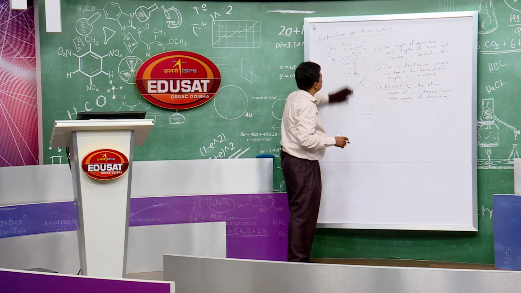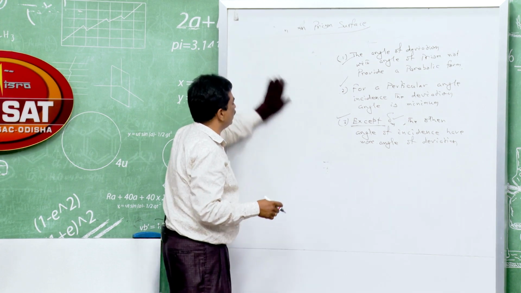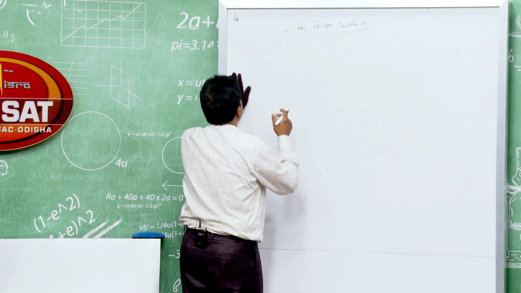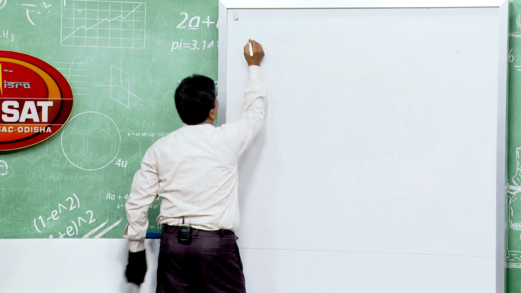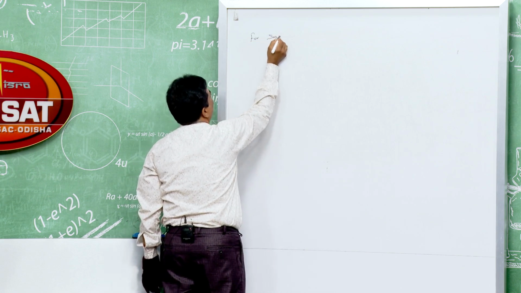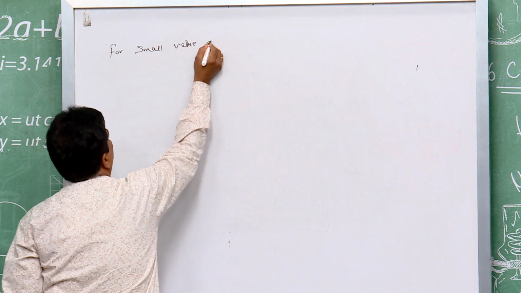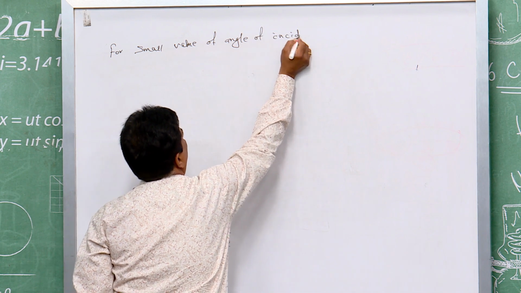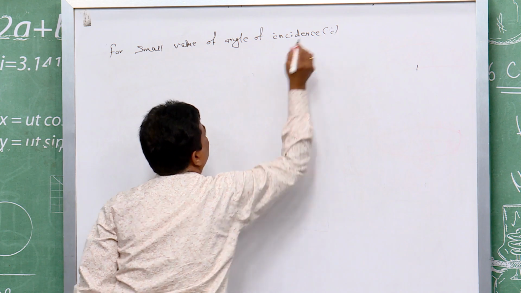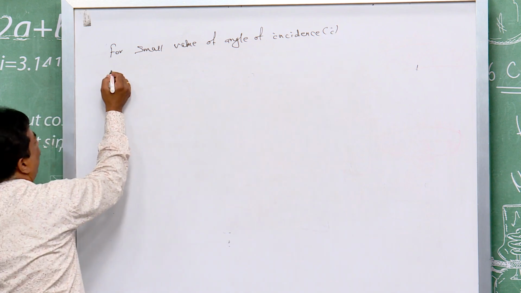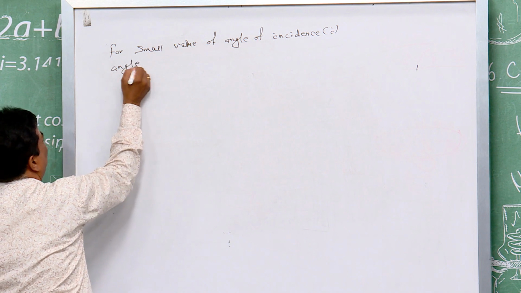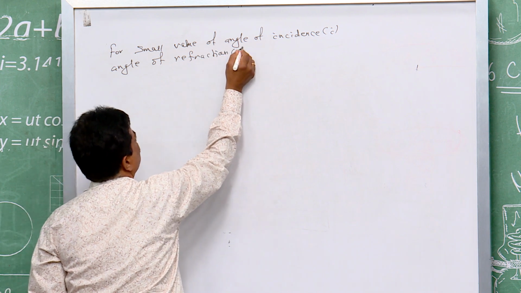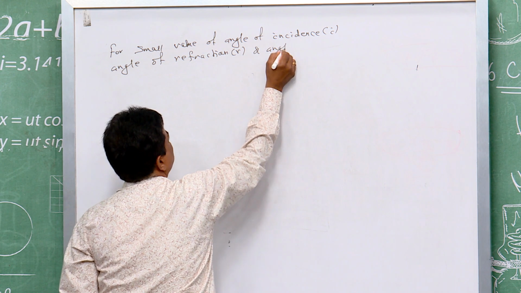Now, if the angle of incidence and the angle of the prism are of very small values, next we will consider small values of angle of incidence, angle of refraction, and angle of prism.